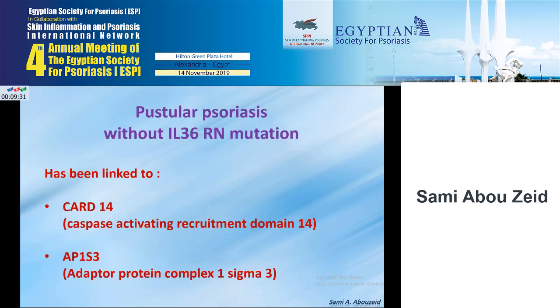Pustular psoriasis without interleukin-36 gene mutation has been linked to CARD14 and AP1S3, caspase activating recruitment domain 14 and adaptor protein complex 1 sigma 3.